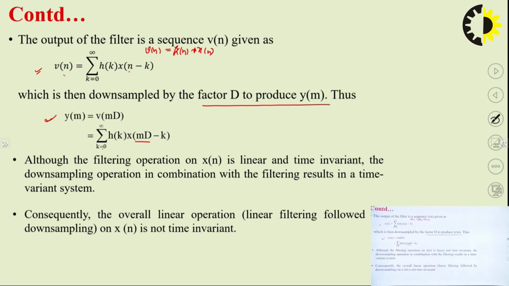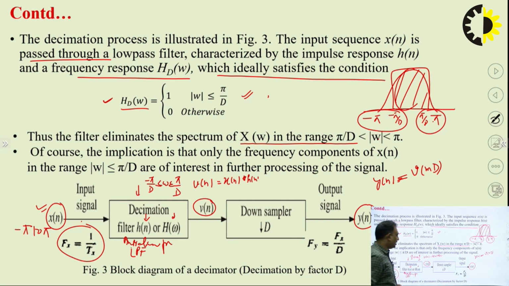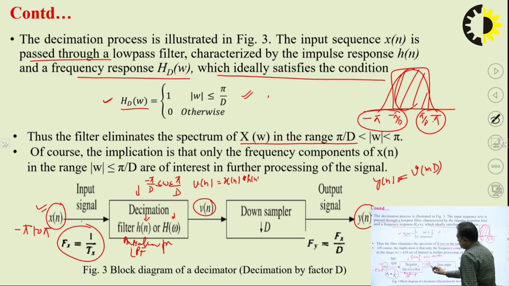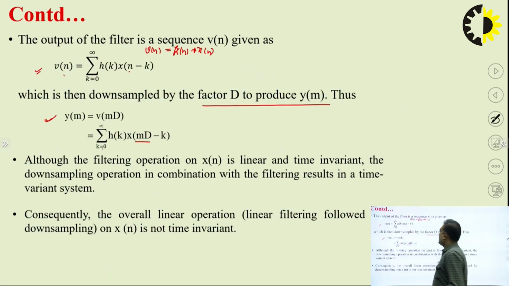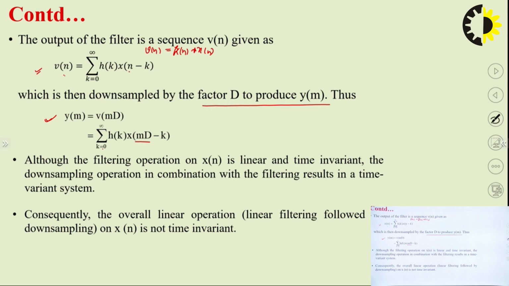Now although the filtering operation on x(n) is linear and time invariant, as we move from x(n) to v(n) this operation is basically a linear time invariant operation because we are using an LTI filter. But the process from v(n) to y(n) is basically a time varying operation. So here a time invariant operation is there and here a time varying operation is there, so overall it becomes a time variant operation.